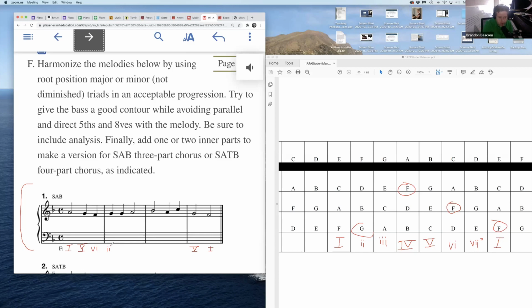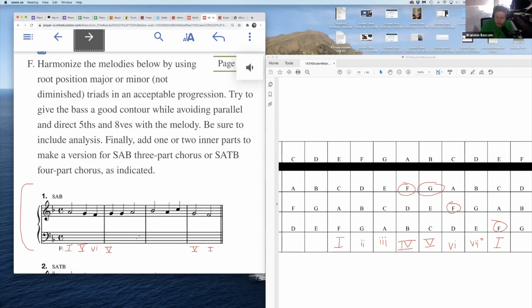Or it also is the 5th of the dominant, so we could also go to the dominant. What do you think? We could go 5 and then go to the 6 on the next one, right?